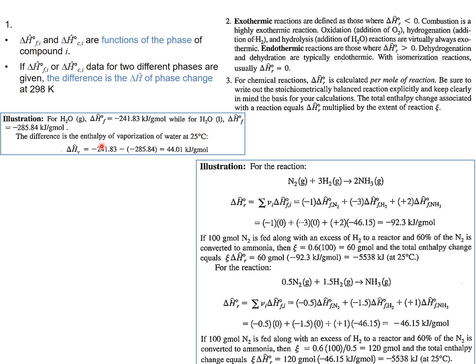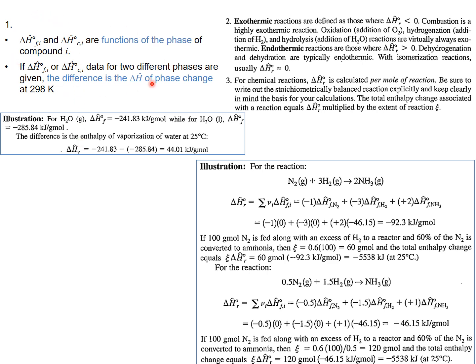Of course, this value comes from the gas phase, so gas is the final state after the process, and this comes from the liquid phase, which is the initial phase. So liquid to gas means evaporation or vaporization. So the difference of formation energy between different phases is a phase change enthalpy term. 44 is the vaporization enthalpy.